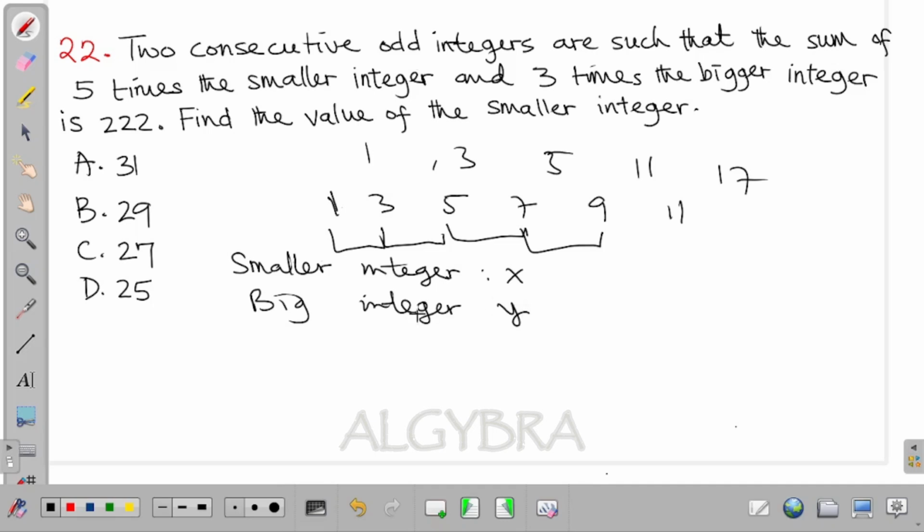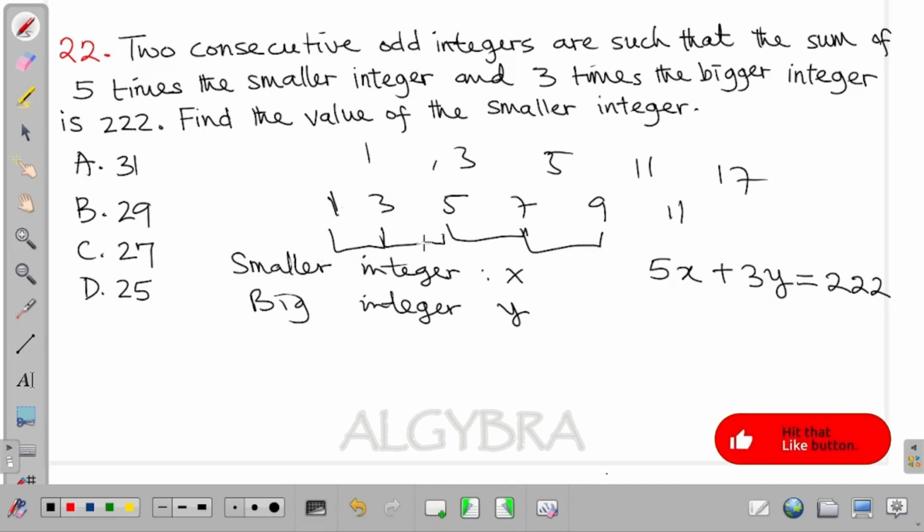From the given equation, 5 times the smaller integer means 5 times x, and 3 times the bigger integer is plus 3y, equal to 222. Now we're going to find the value of the smaller integer, which is x, because x is the smaller integer.